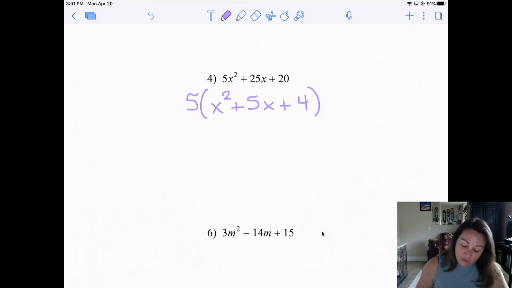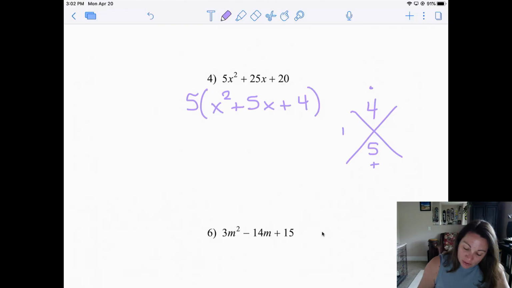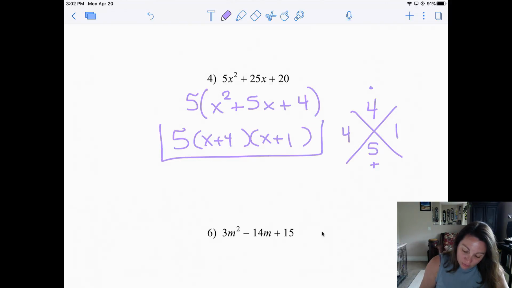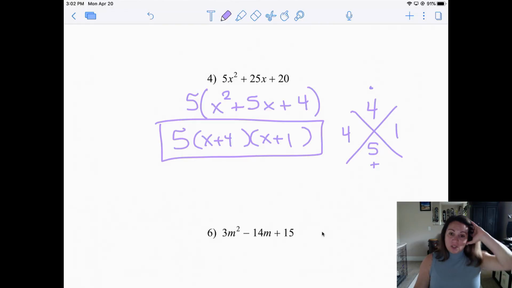And so therefore, I can look for 2 numbers that will multiply to c, which is 4, and add to the b, which is 5. And that would obviously be 4 times 1 gives us 4. 4 plus 1 gives us 5. And therefore, we can rewrite that trinomial as the product of its 2 factors, x plus 4 times x plus 1. And don't forget the 5 in the front. That's part of your final answer.